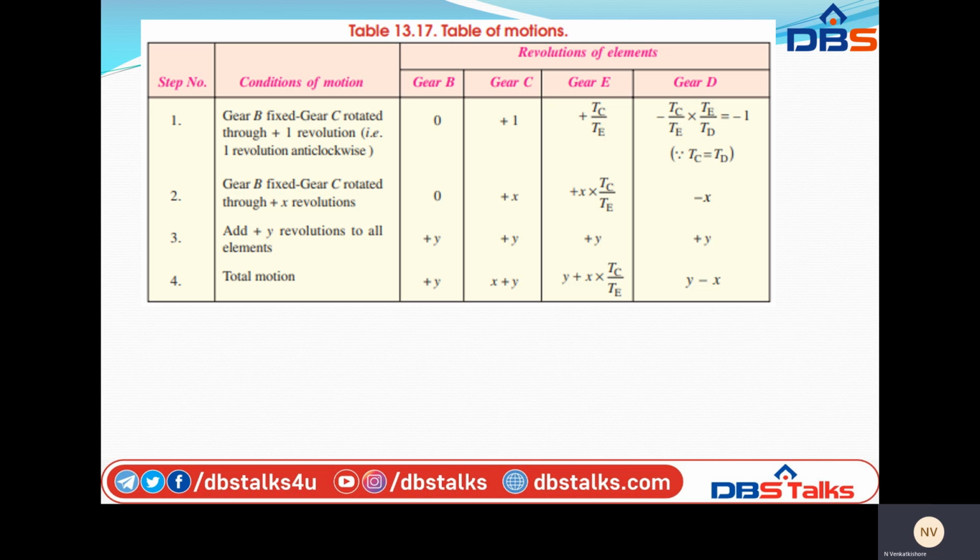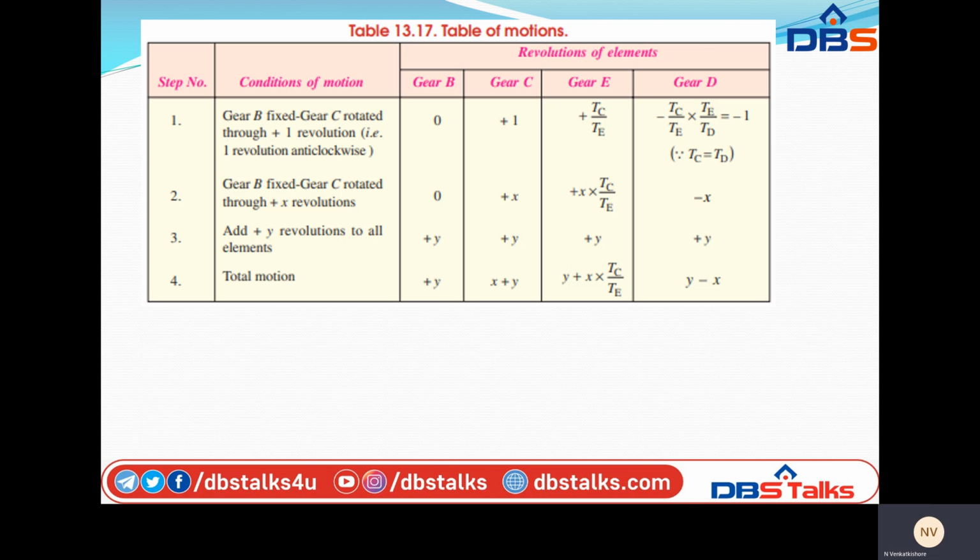C is rotating, meaning +1. Gear E is TC by TE, and gear D is -1.